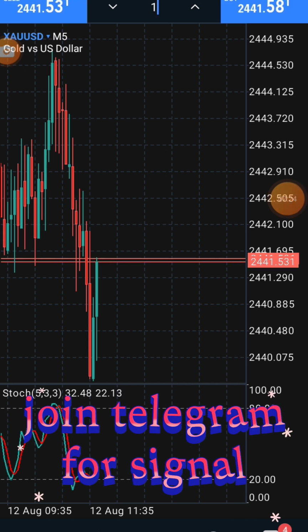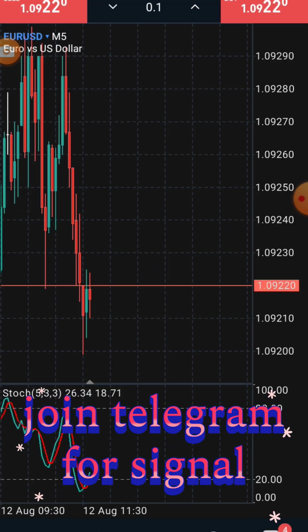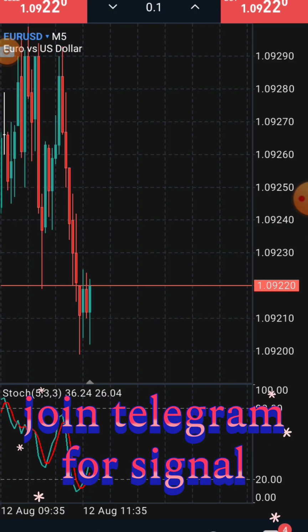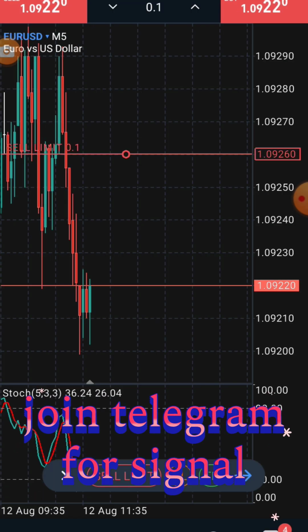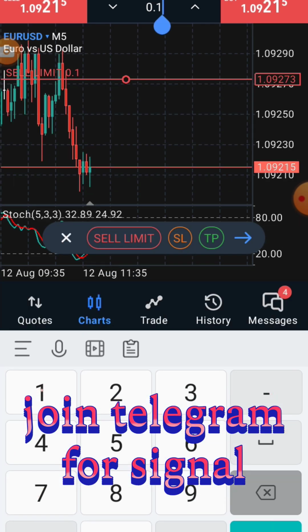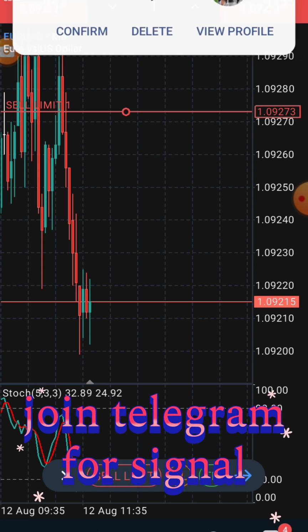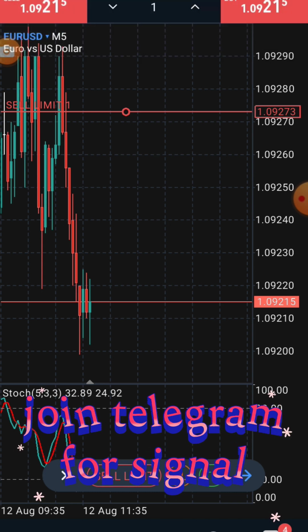Let's see another example in other currency pairs. Let's see in EUR/USD. You have sold here, and you have selected one standard lot size. Then remember, in one standard lot one pip is equal to $10 profit or loss.